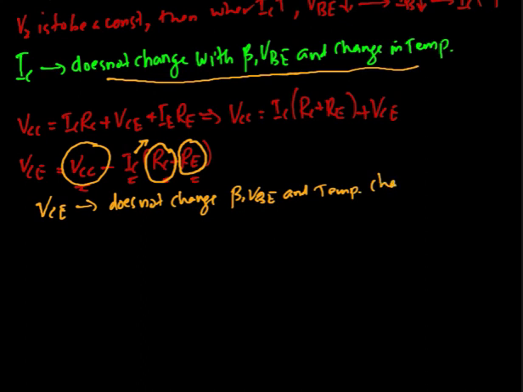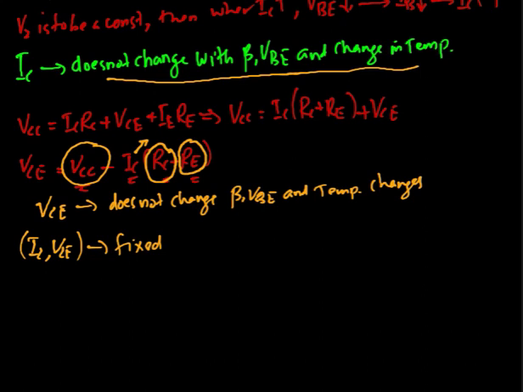So from these two statements, we can say that IC and VCE, that is zero signal collector current and collector emitter voltage, are fixed, which is possible due to the presence of this RE.